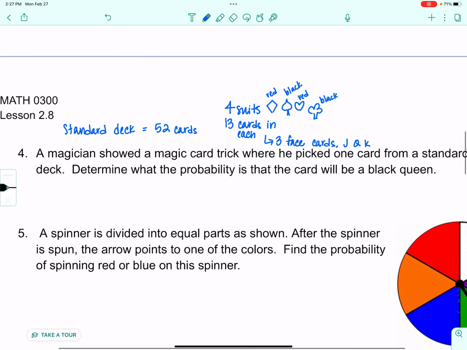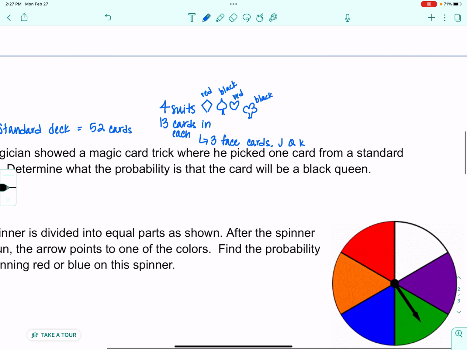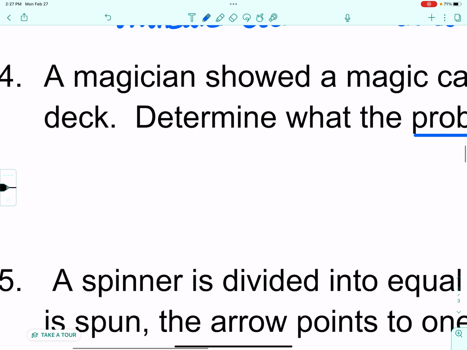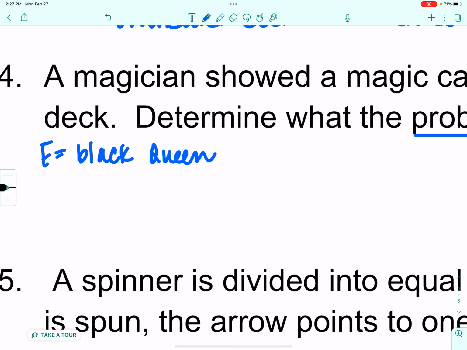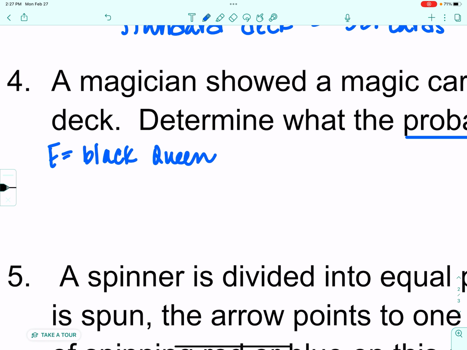So a magician showed a magic card trick where he picked one card from a standard deck. Determine what the probability is the card will be a black queen. So here's our event. We want a black queen. So my sample space is 52 cards.